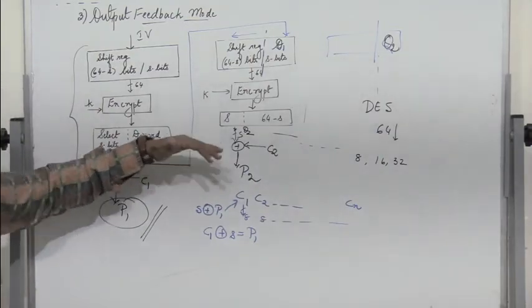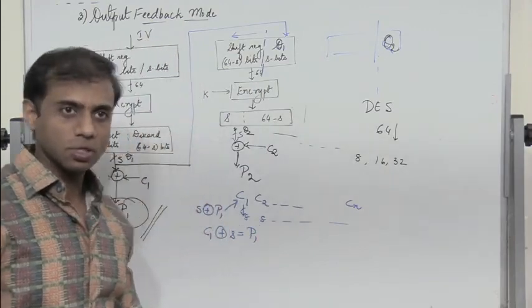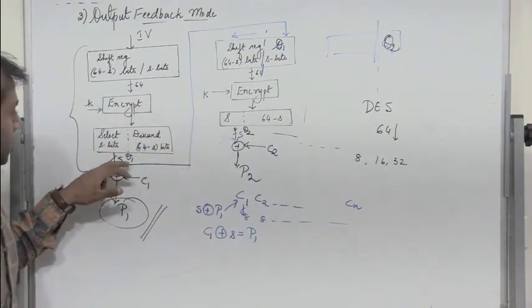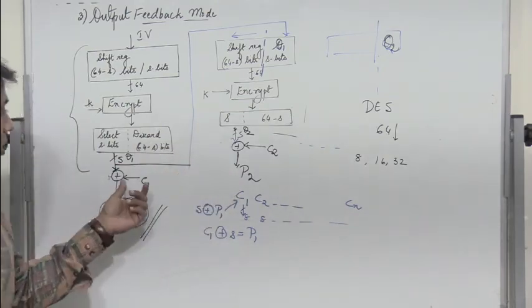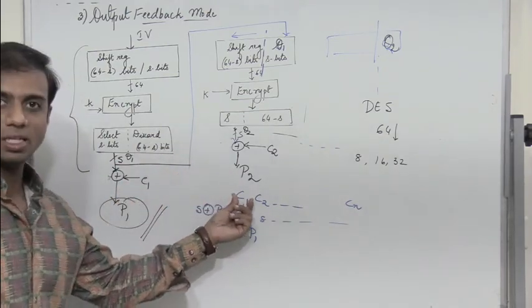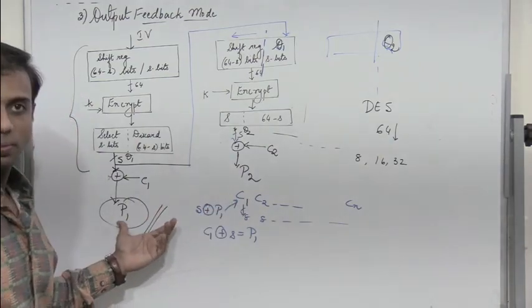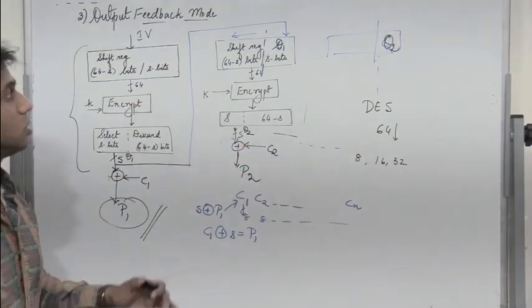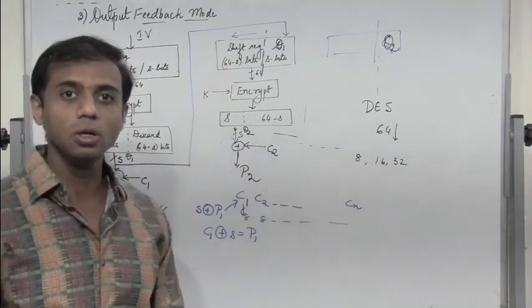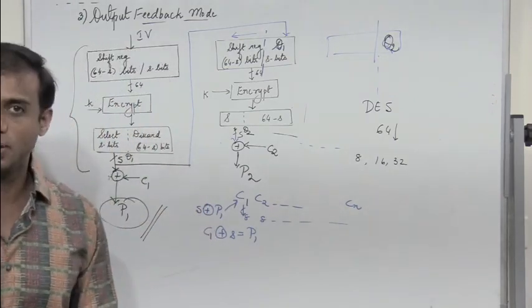O1, O2, O3 will never be in error because they are the output of the encryption. So there is no error propagation. If C1 is in error, only P1 will be in error, and the error does not propagate to the next stage. That is the advantage of output feedback mode when compared to cipher feedback mode.